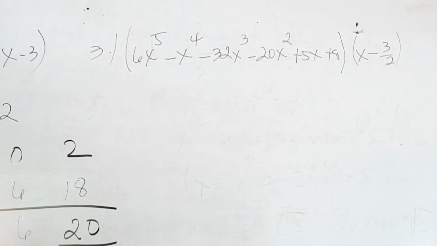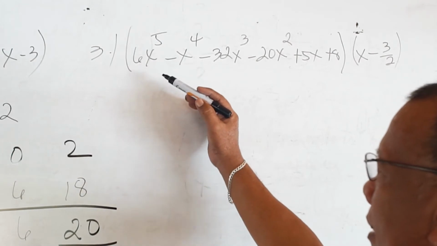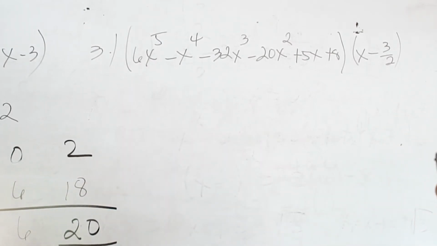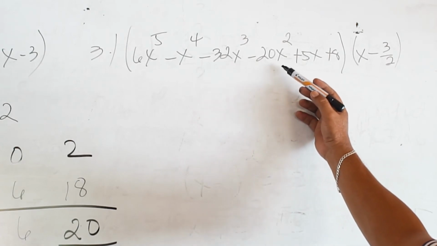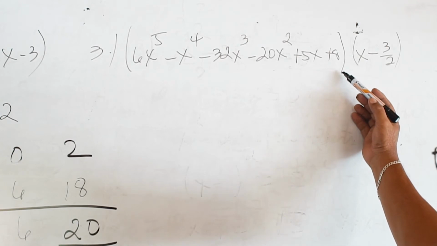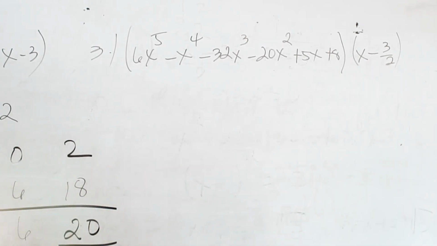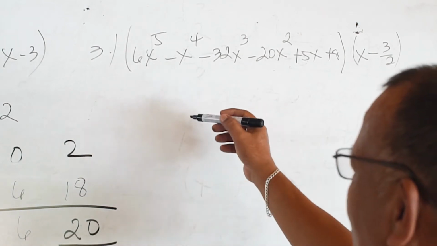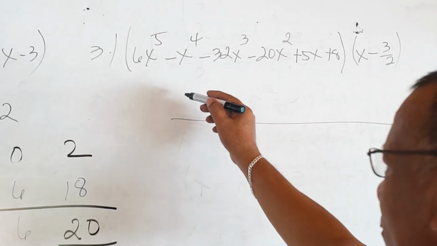For number 3 example, 6x to the 5th power, negative x to the 4th power, negative 32x cubed, negative 20x squared, positive 5x, then positive 8, divided by x minus 3/2. Okay, so use synthetic division.